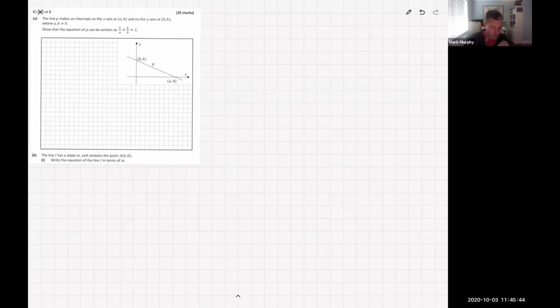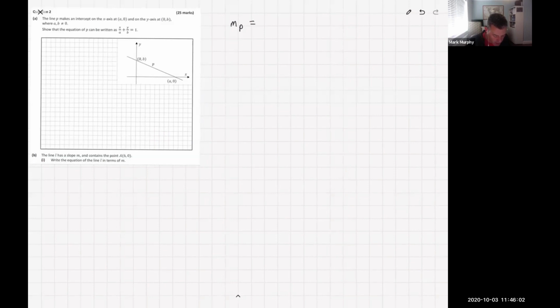So I'm going to get the slope of the line P. So that's m of P. The line is called P. So we have x2, y2 and we have x1, y1. So that's y2 minus y1.